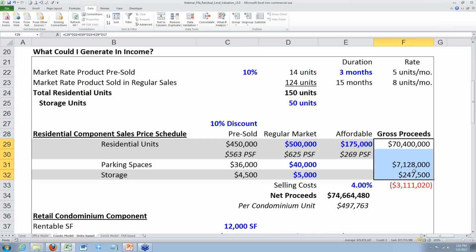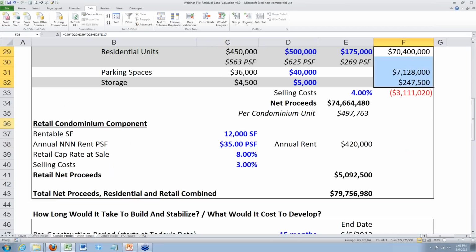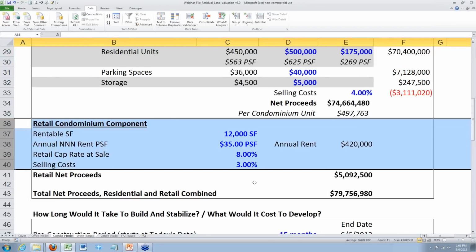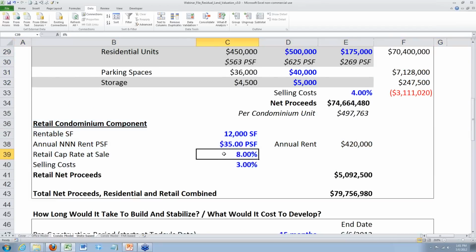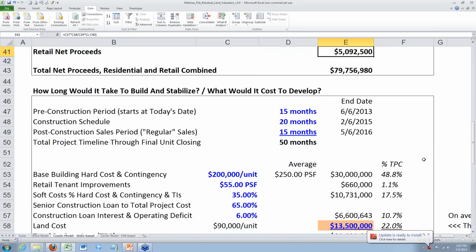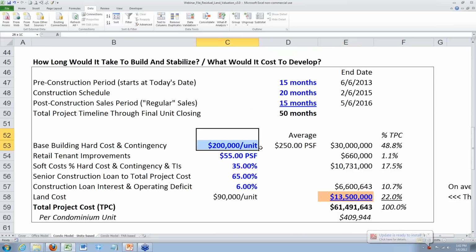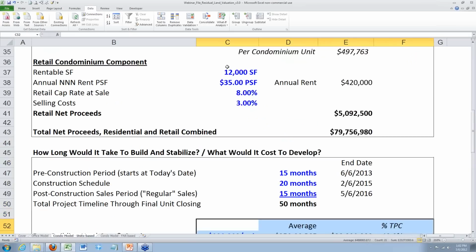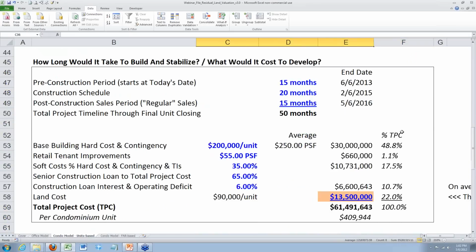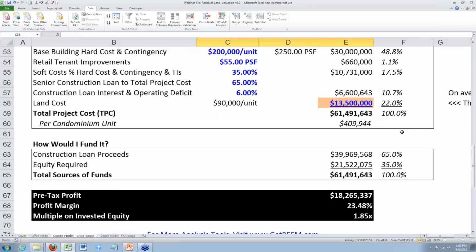And so these would be our gross proceeds here, and assuming we have a retail component as well, and we sell that separately as a separate commercial condominium, this could be our net proceeds for the retail.